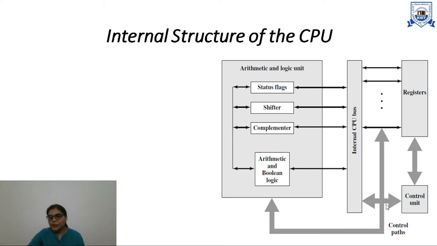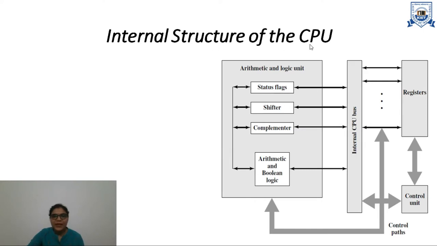Here, the control unit. The control unit controls the operation of all the modules or components present in a computer. Registers: the ALU performs processing on the data, and the data must be stored in the processor. So, the processor must have some internal storage in the form of registers.